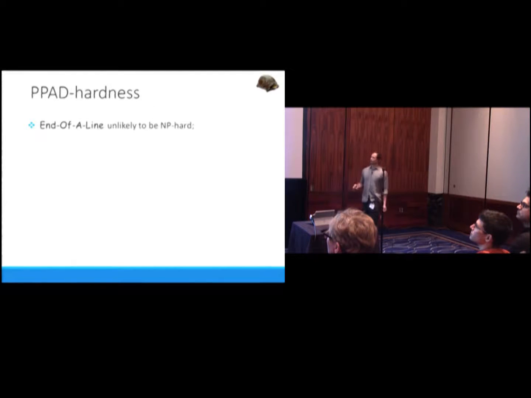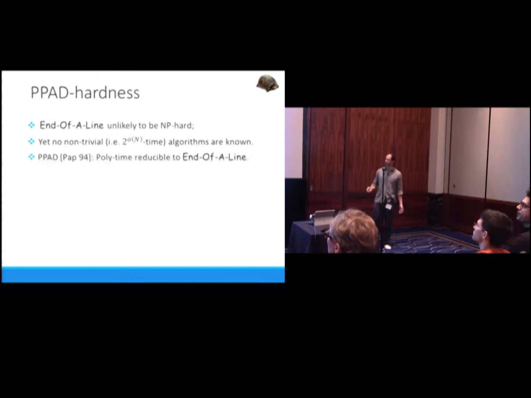So End of a Line is probably not NP-hard because there always exists a solution. But we don't have any algorithms that run any better than the exponential time trivial algorithm. And the class PPAD, defined in '94, is the class of all problems that are reducible to End of a Line.